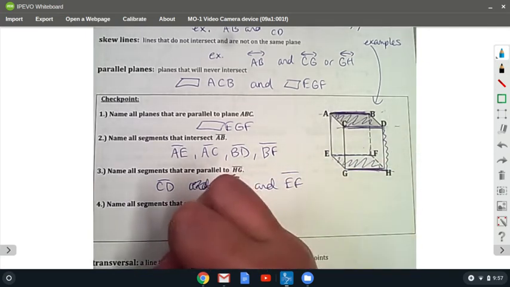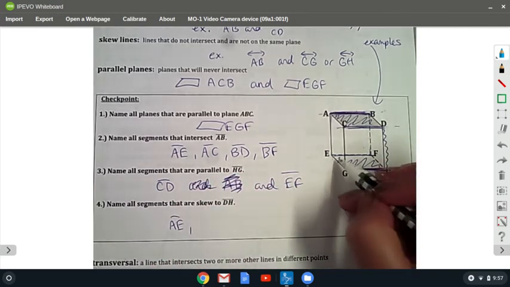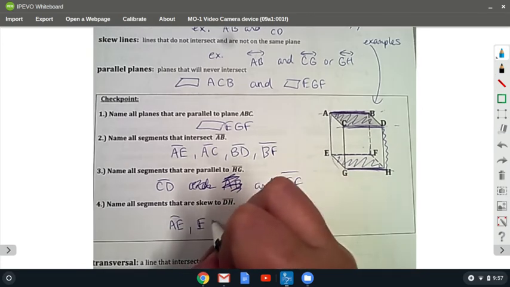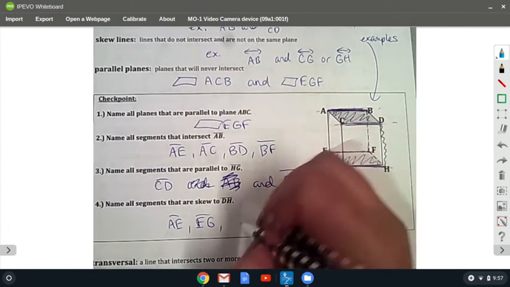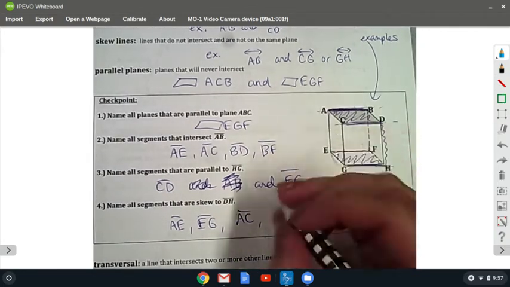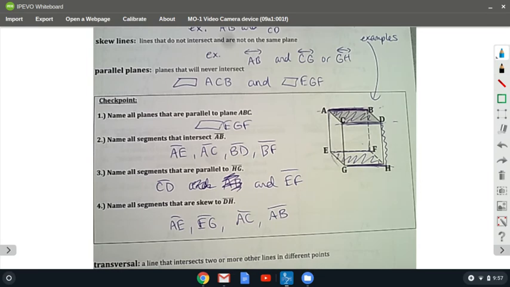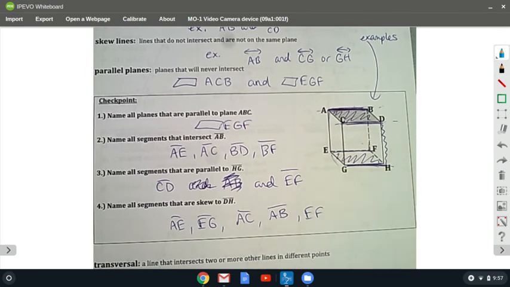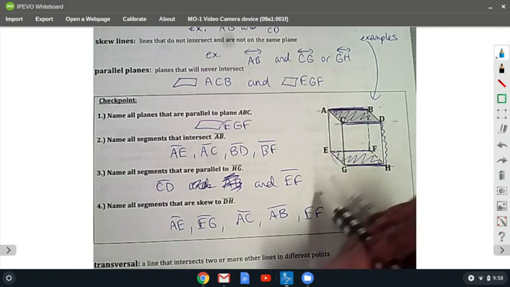It's definitely not going to intersect. We could use EG, AC. AB does not look like it will intersect. We could use EF. That looks like about it.